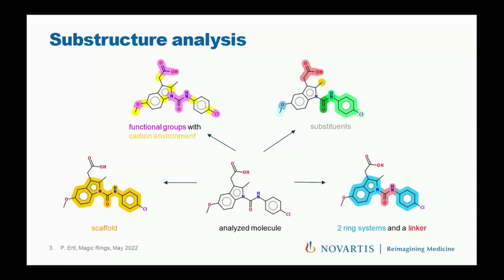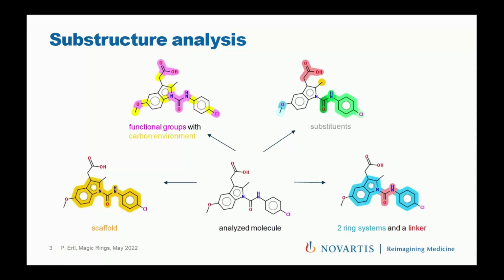Here you can see some examples. Probably the most important, on the left in orange, is the scaffold. Scaffold is the part of the molecule left when we cut away all non-ring substituents. The scaffold itself consists, as we can see on the right, of ring systems, the light blue parts, connected by a linker.